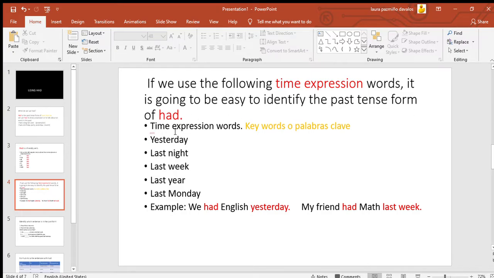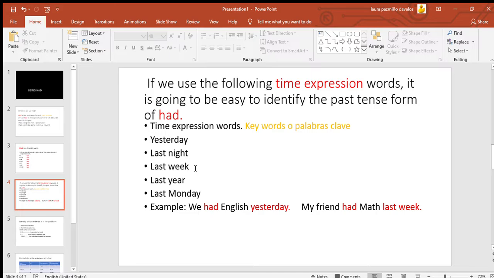Time expression words we can use as keywords, or as palabras claves, as we say in Spanish. So keywords are palabras claves. The time expression words are yesterday, that means the day before today. Last night, the night before tonight. Last week.